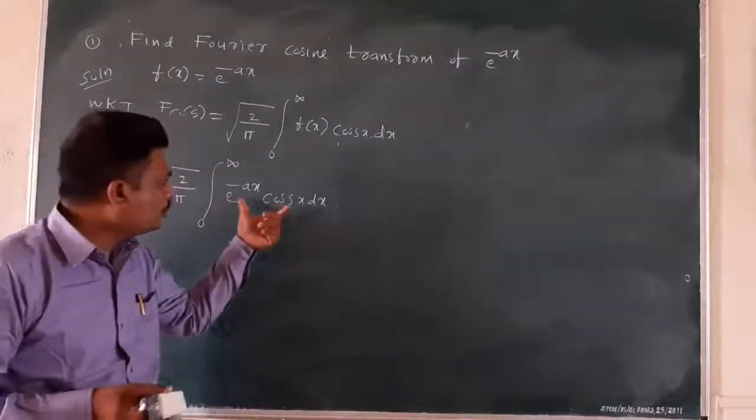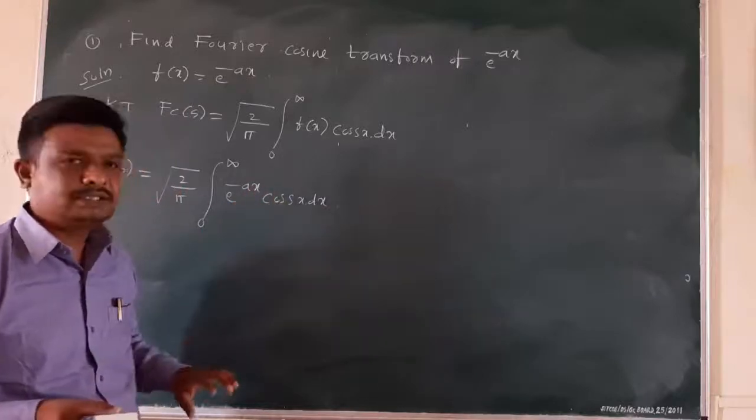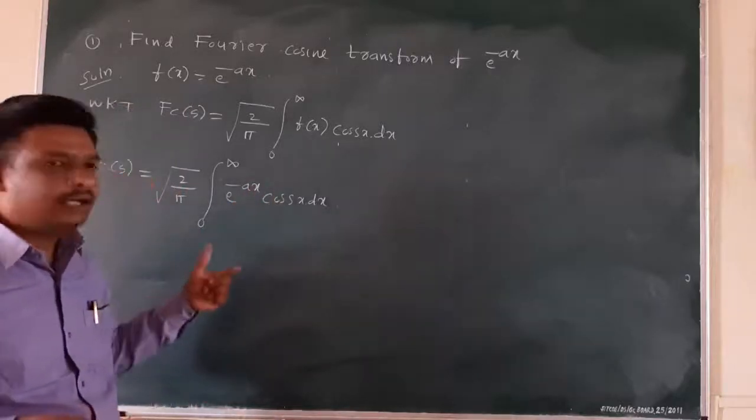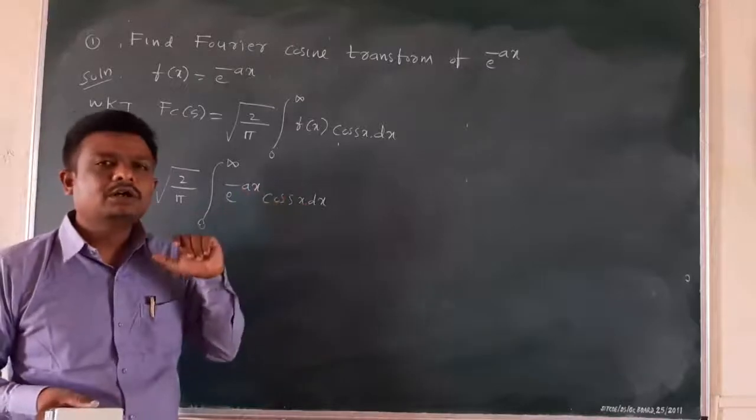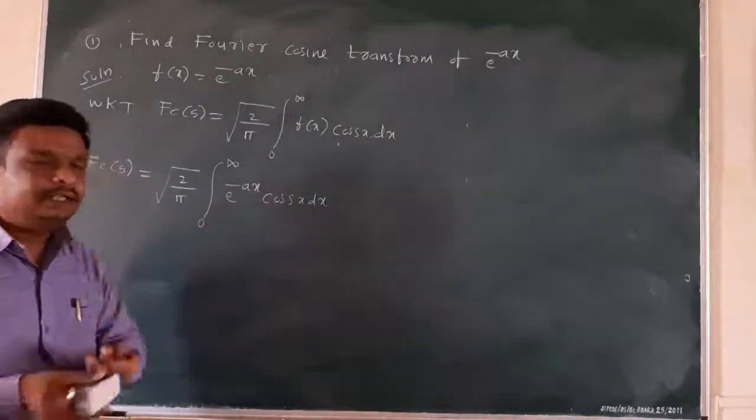Now to find the integration of e raised to minus ax into cos sx, I will use the formula for integration of e raised to ax into cos bx, because it is the product of an exponential and a trigonometric function.